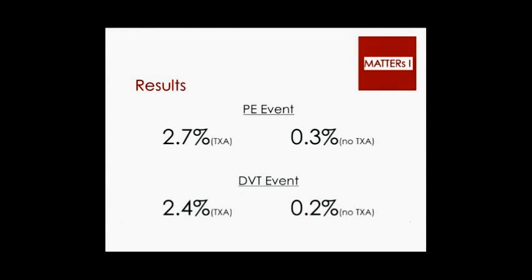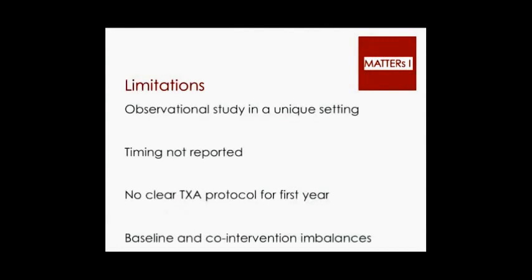Number two, the tranexamic acid group was sicker, so at higher risk of thrombosis. And three, because there was such a high survival benefit, they likely had the chance to survive long enough to experience the wonderfulness of a clot in their legs or in their lungs. So they were able to survive to that point. And if it's reassuring to anybody, none of them died from these clots, which is fantastic.